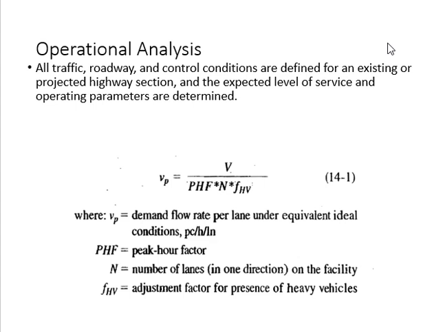But I am saying V is volume, and I am saying vP is flow rate. How did it go from volume to flow rate? What did they do? Peak hour factor. Okay? Not 4. Divide by 4 when we transfer flow to flow rate.